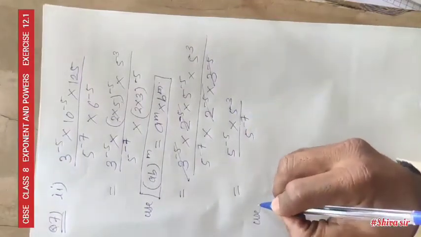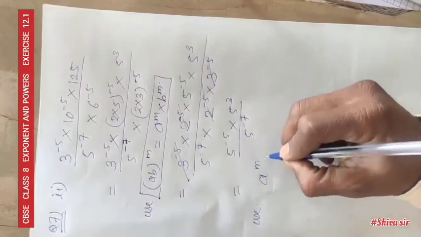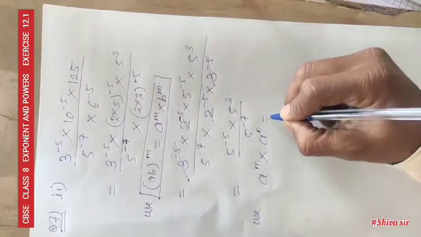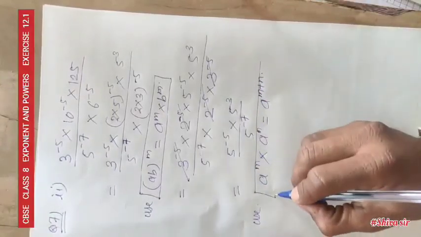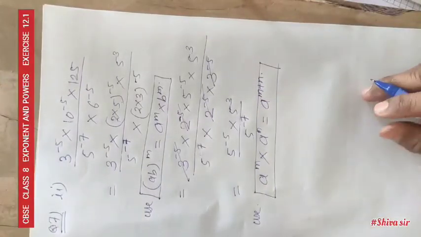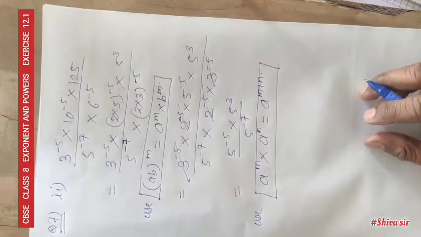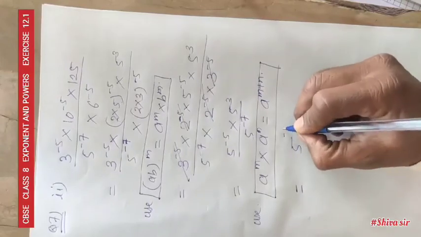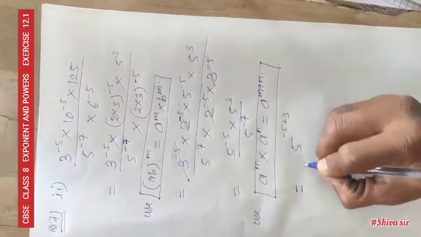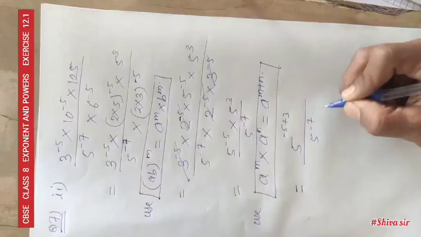Here we use the law of exponents: a raised to the power m into a raised to the power n is equal to a raised to the power m plus n. So 5 as it is, the power is minus 5 plus 3, upon 5 raised to the power minus 7.